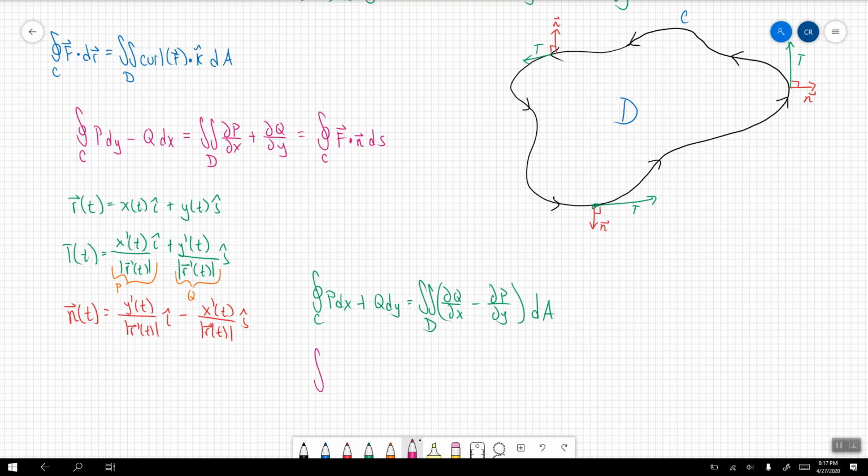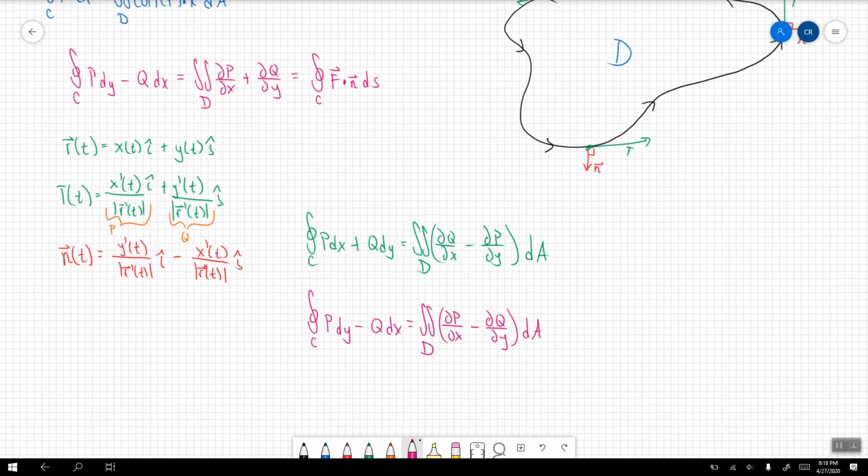This now looks like the flux across this curve for P dy minus Q dx, which is equal to the double integral over that domain of the partial of P with respect to x plus the partial of Q with respect to y, all dA.